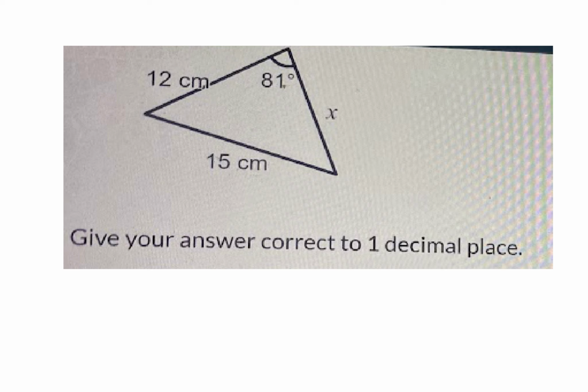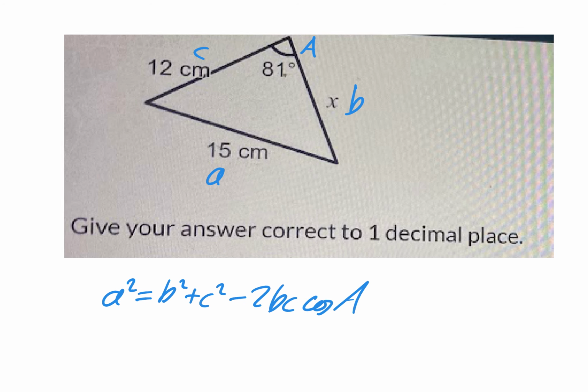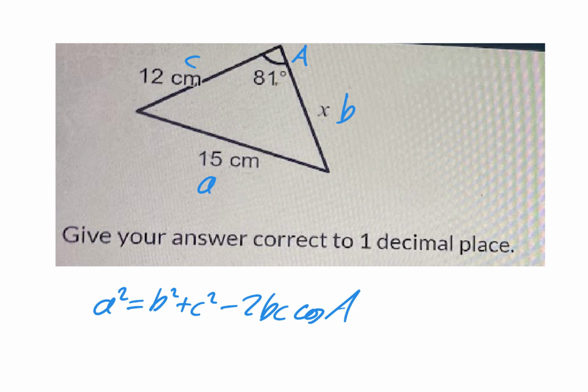So for this, the cosine rule says if this was your A, then this would be your angle A, and this would be side B, and this would be side C. So by the cosine rule, a squared equals b squared plus c squared minus 2bc cos A, and then we'll just fill this in and we can get rid of that diagram.